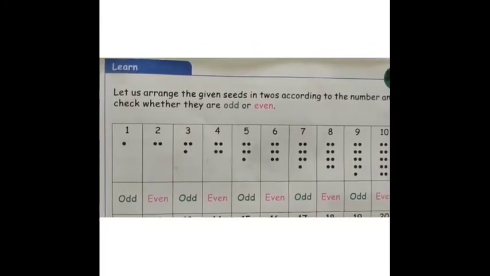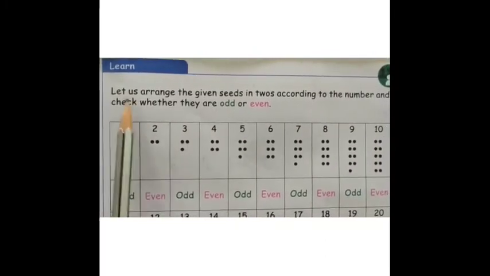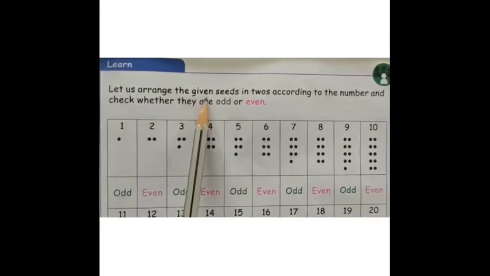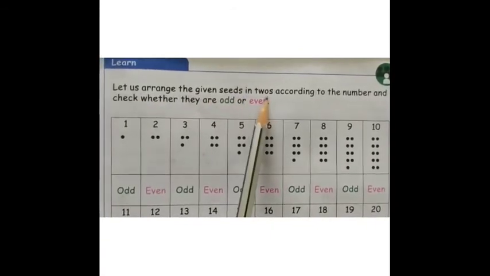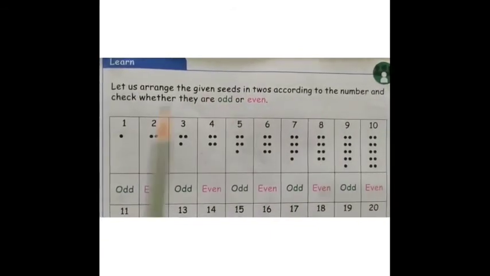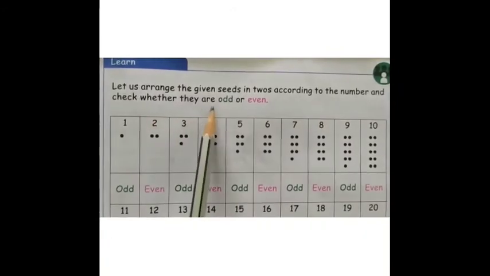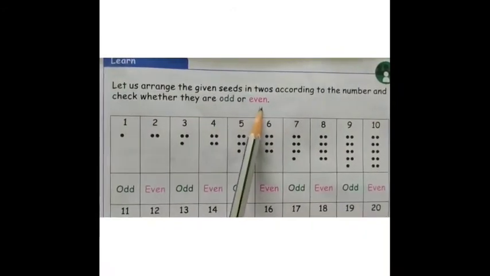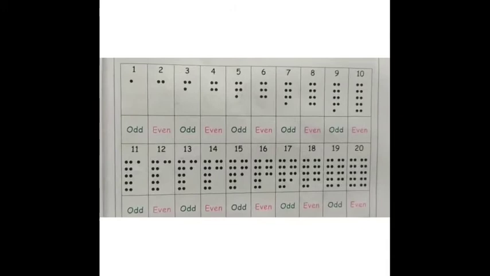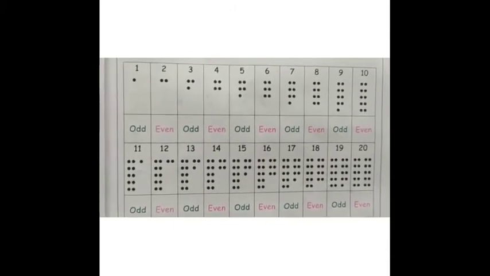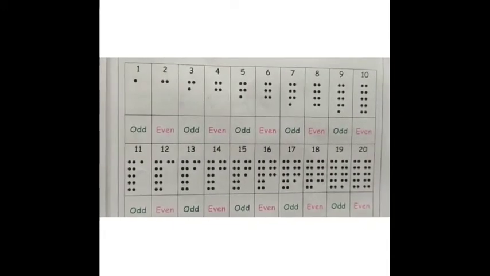Children, next we are going to see, let us arrange the given seeds in twos according to the number and check whether they are odd or even. Let us arrange the seeds, check if they are in pairs or not.